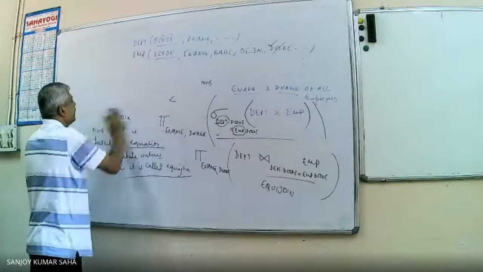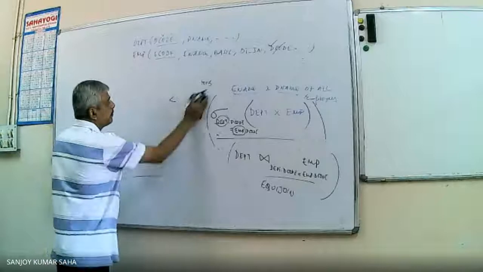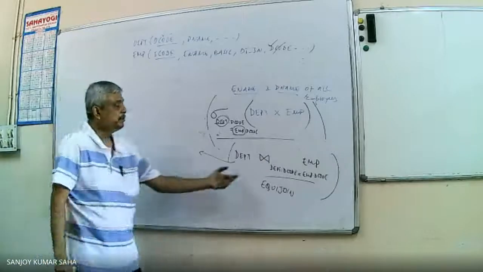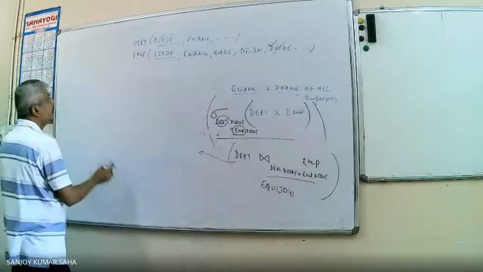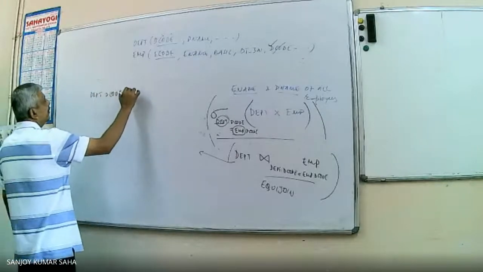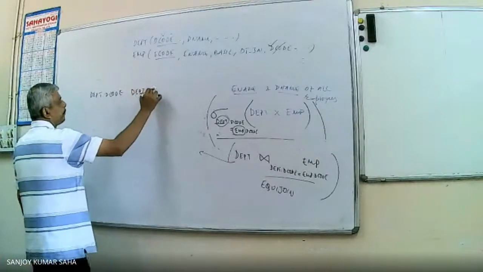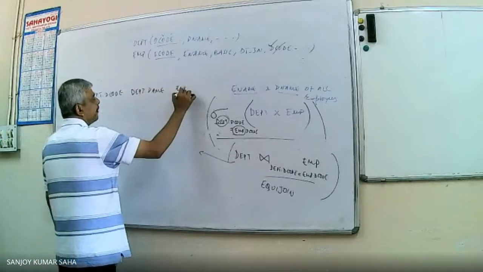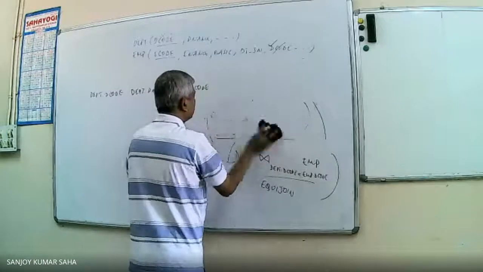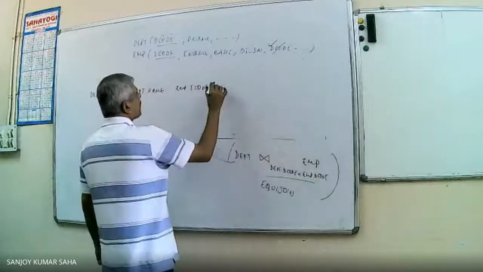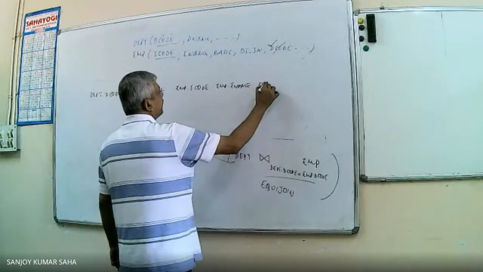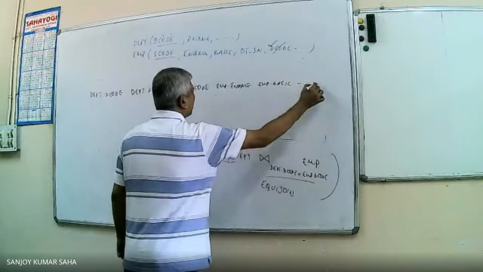But see, what about this final projection? Say here, what will be the schema? We have joined them based on the equality of the department code. But see, the schema is department.decode, department.dename, then emp.decode, emp.ename, emp.basic, or other attributes.